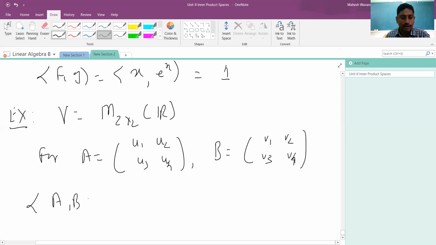The inner product of A and B is defined by this formula: U1 V1 plus U2 V2 plus U3 V3 plus U4 V4. This is the product defined.